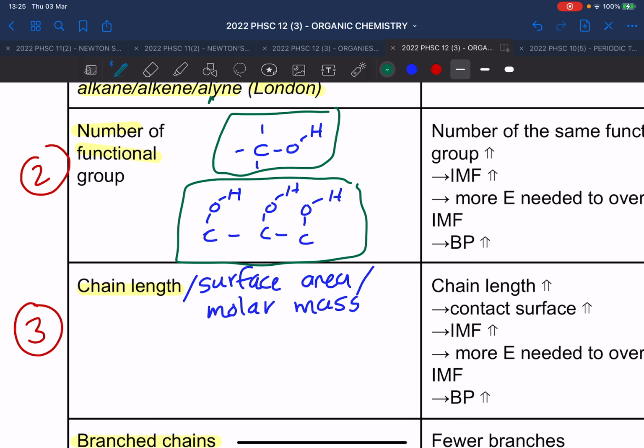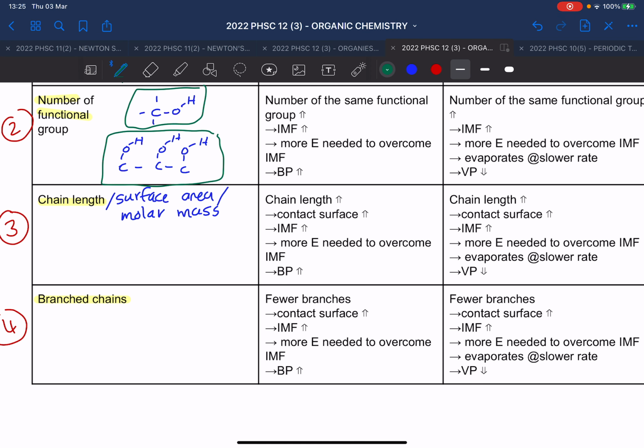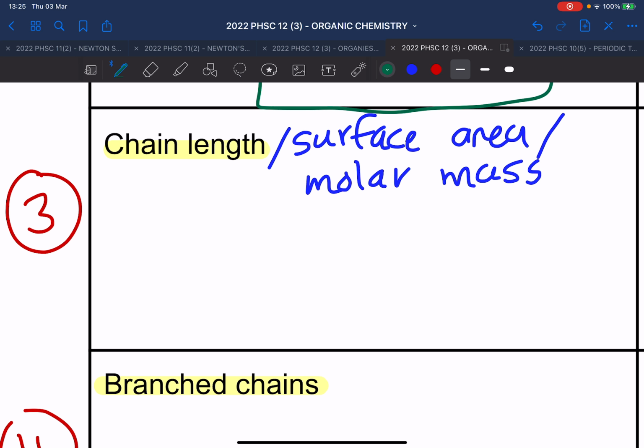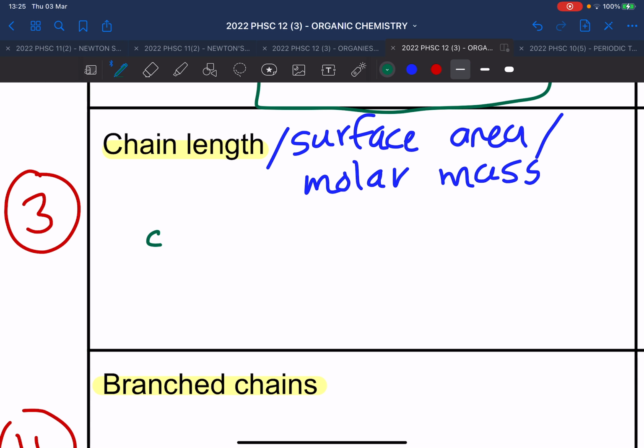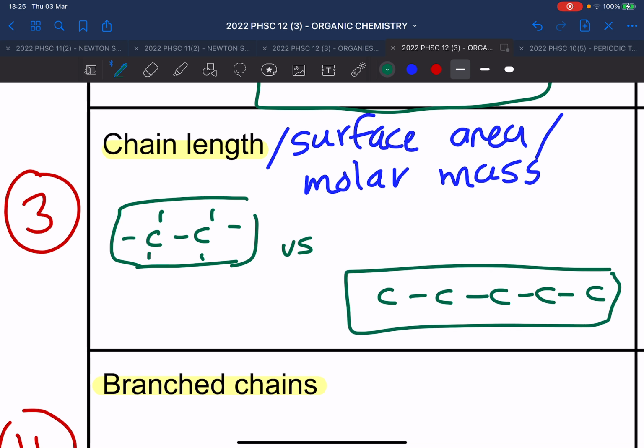Okay. Right, next one is the chain length. Now this is one that they actually like to ask a lot. Chain length, for instance, is if you compare, let's say, ethane versus pentane. Eth has 2 carbons, pent has 5 carbons.